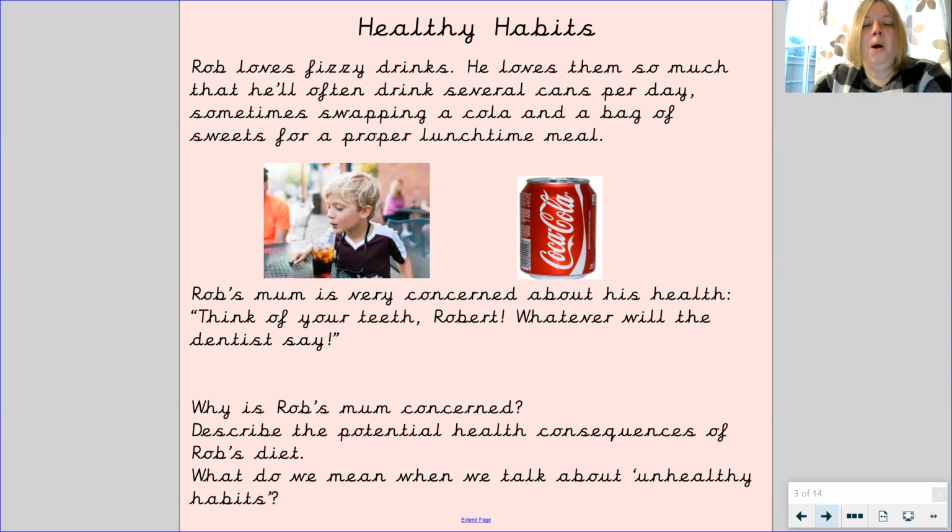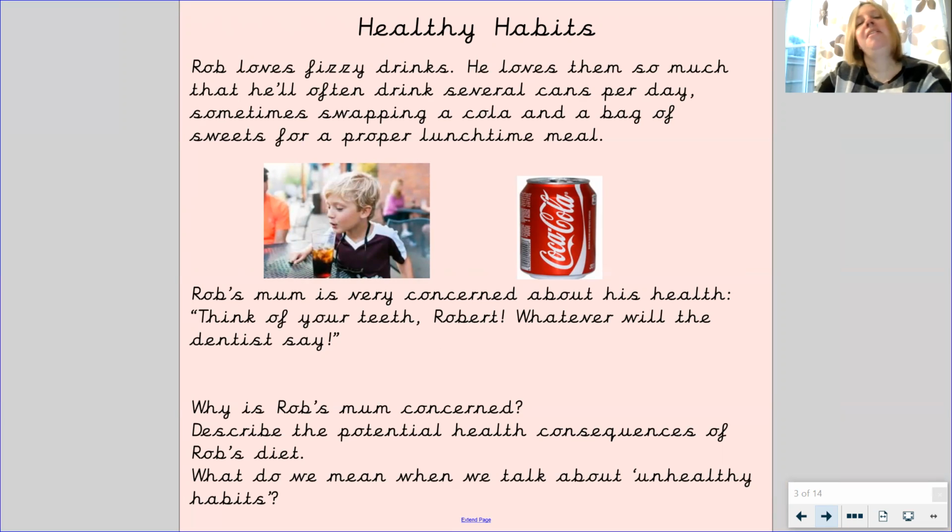Question 1 was, why is Rob's mum concerned? Rob's mum was concerned about his health because he was eating and drinking too many foods that had too much sugar in. So she was worried what would happen to his teeth. So this could cause problems with his teeth.